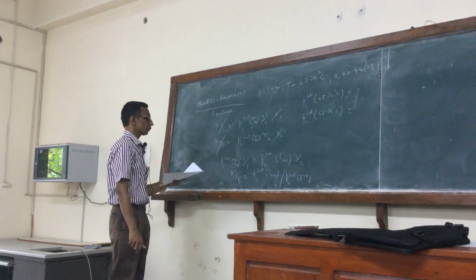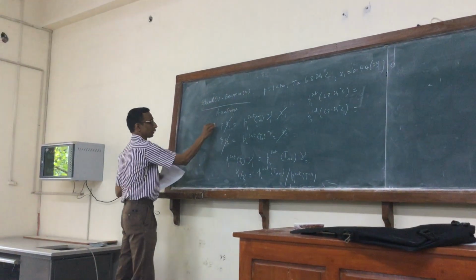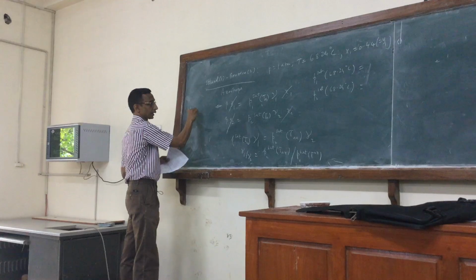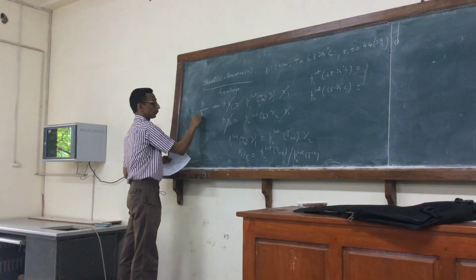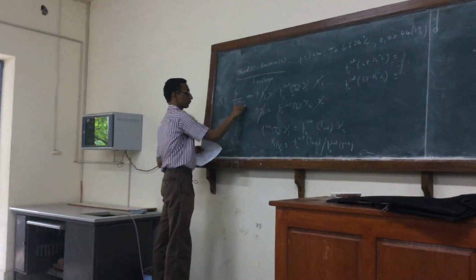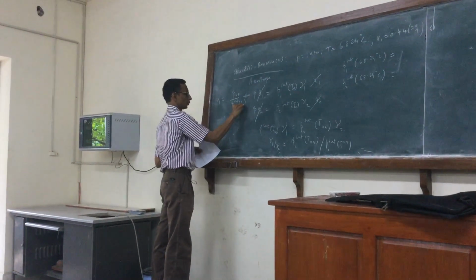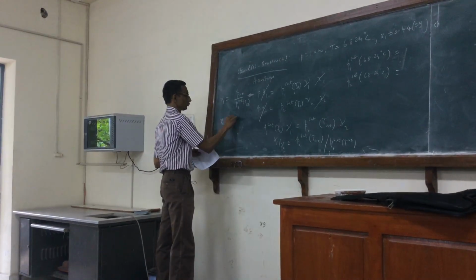In fact, we don't even need the ratio, we can directly get gamma 1. So that's what we need actually. So gamma 1 is P by P1sat, because P is also given, and gamma 2 would be P by P2sat.